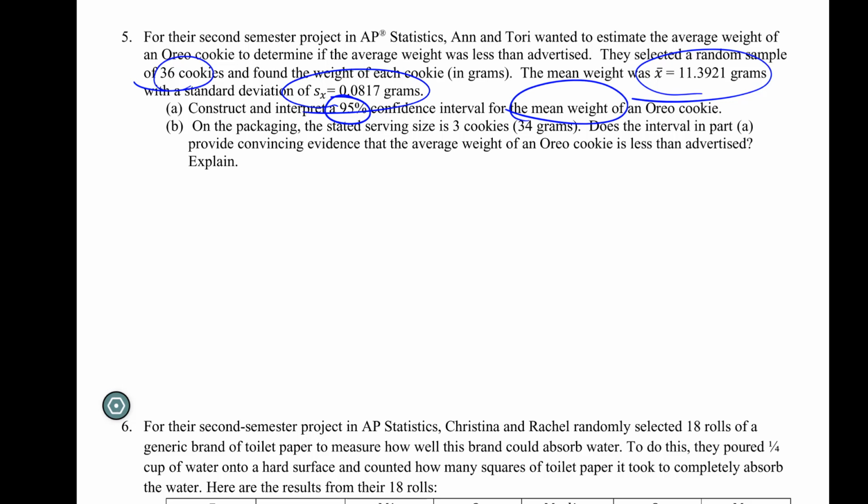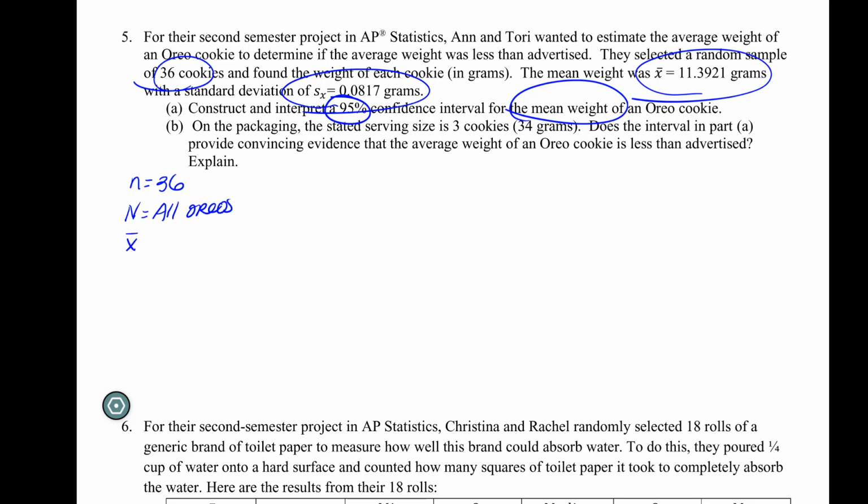All right, so let's go ahead and start by writing out all the things that we know. We have an n that is 36, and our population size, we don't know how many there are, but we know that this is going to be all Oreos, right? So that's going to be a very large number, okay?